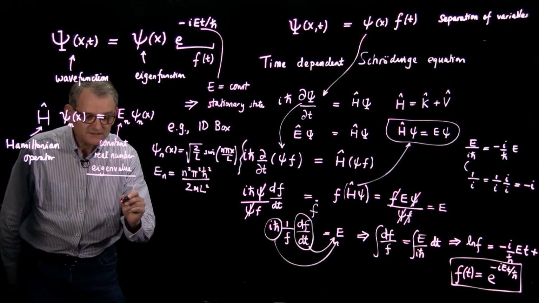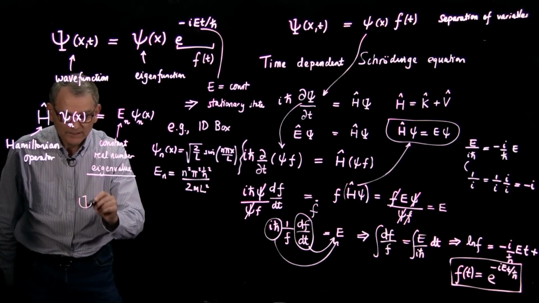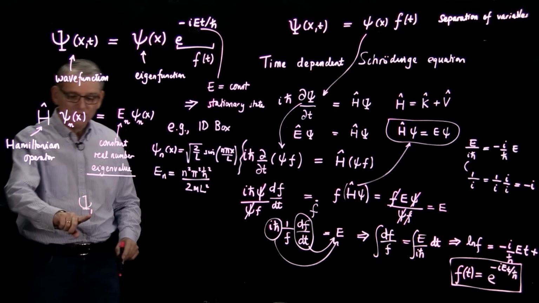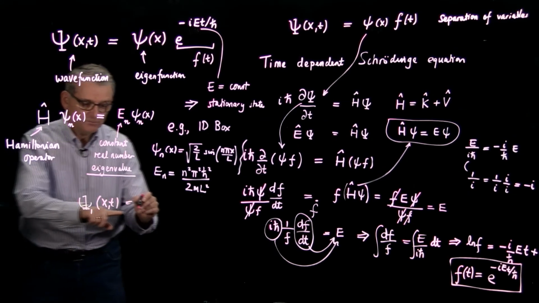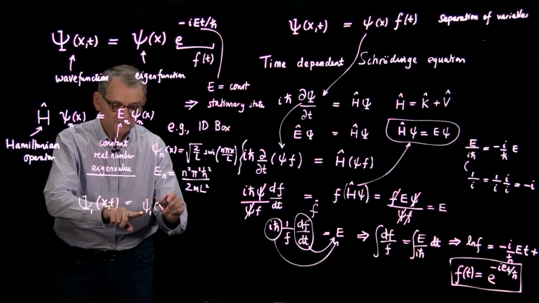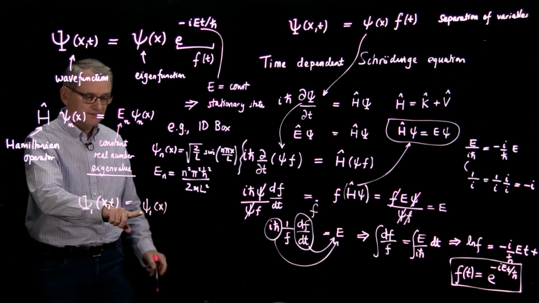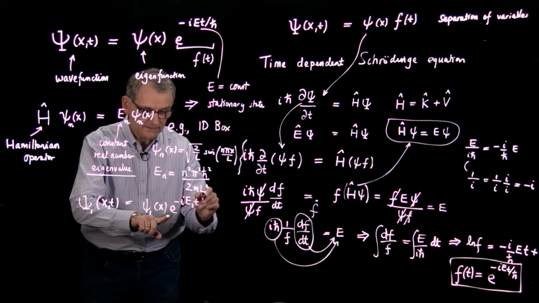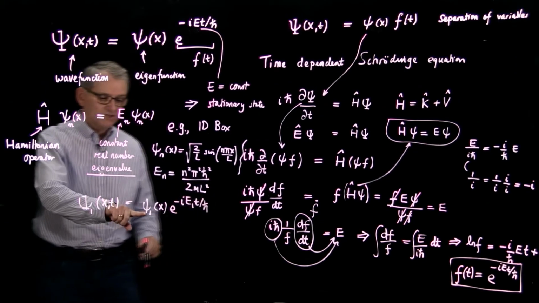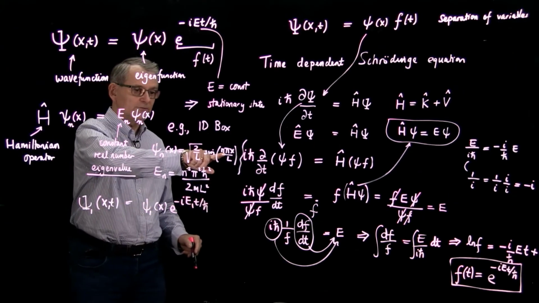So if I ask the question, what's the wave function for a particle in a box in the ground state, the lowest state, then it's going to be the eigenfunction for that particle in the lowest state multiplied by e to the minus i E1 t on h bar. But psi 1 of x, I just put n equals 1.